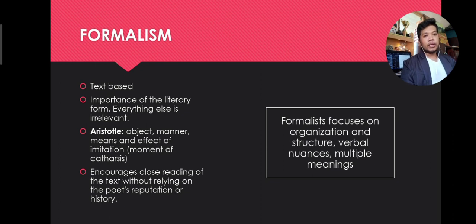According to Aristotle, the object, the manner, and the means and effect of the imitation are all what we are trying to know as a formalist critic.